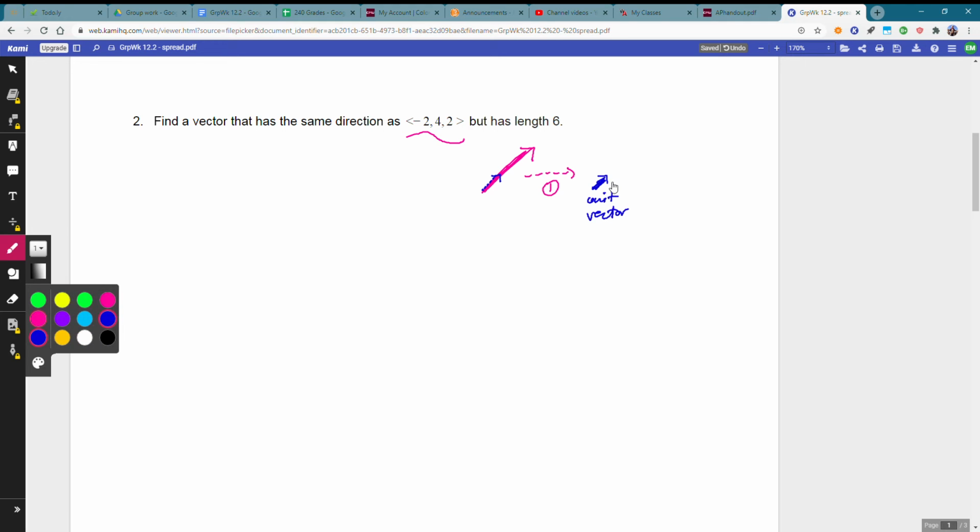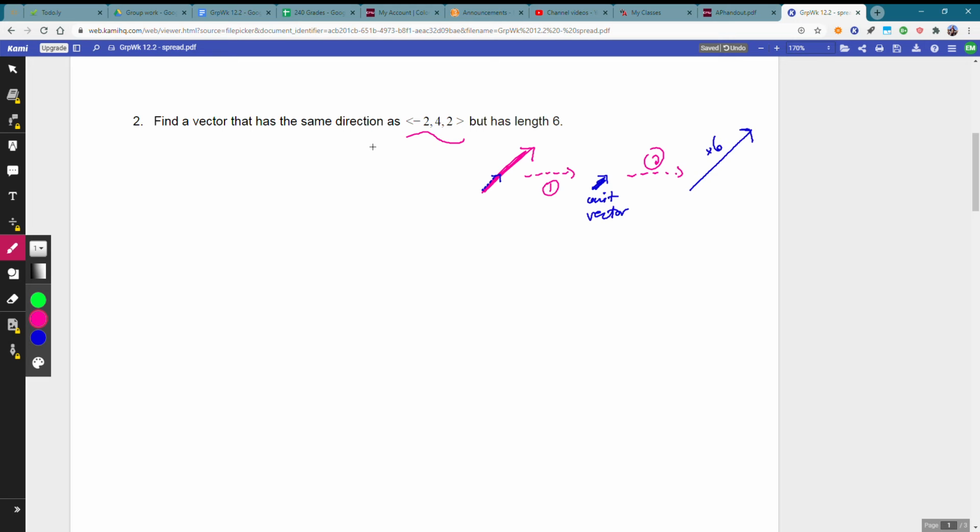And then step 2 is take that unit vector and stretch it up by 6. Once we have a unit vector of length 1, we can just stretch by 6 in order to get a vector of length 6. And so here we have our vector (-2, 4, 2). What's going to be the unit vector in that thing's direction?